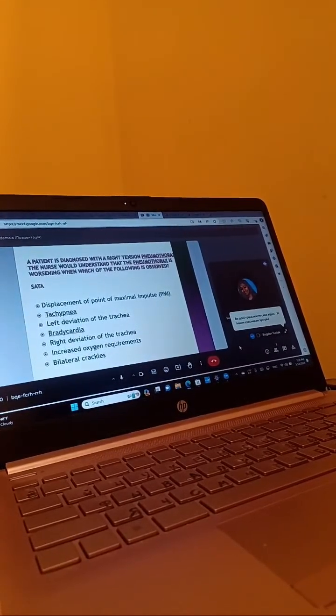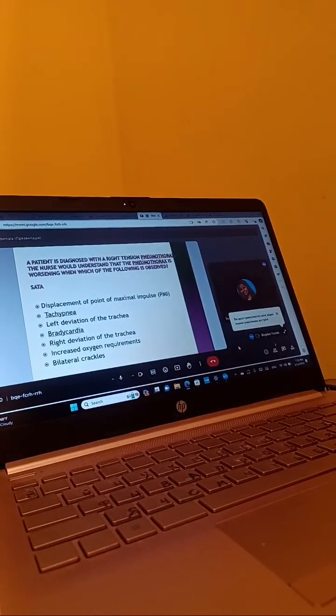And then tachypnea. Yes. Left deviation of the trachea: the trachea should be in the middle, but it has gone to the left, so that's a problem.